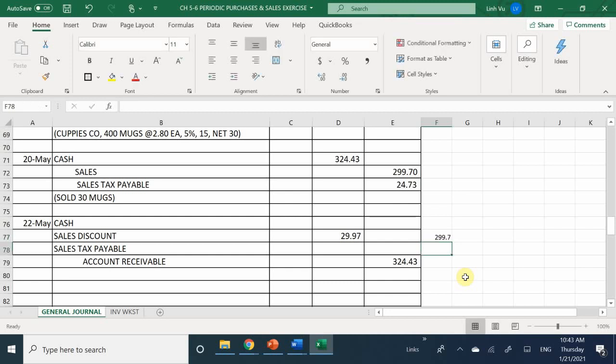That gives us a total of $299.70 without any sales tax included. We're only allowed to discount the actual sales price. So 10% of 299.70 gives you 29.97.